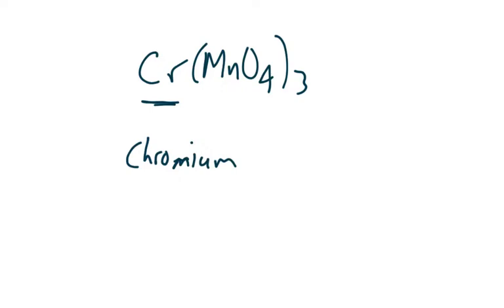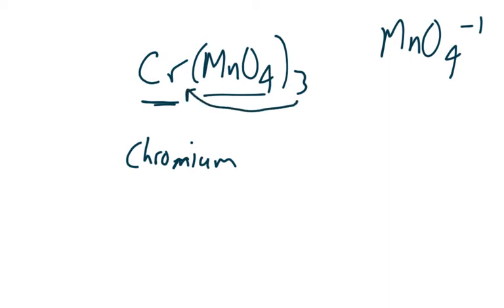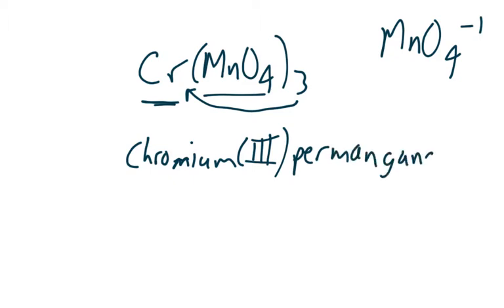Okay? Now, this is permanganate, the polyatomic ion. It's always -1. With this example, you can simply uncrisscross it. That 3 came from chromium. So the chromium being used is the +3. And then the name of that polyatomic is permanganate. And that would be the answer to this one.